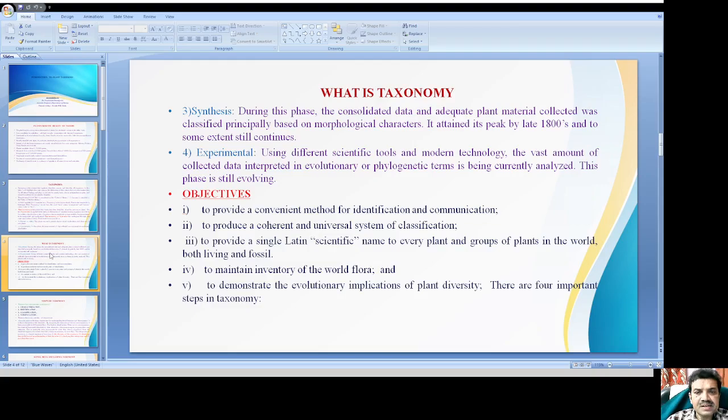It provides a single Latin scientific name, basically comprising the binomial system, in order to give a specific name to every plant, along with animals, whether living or fossilized.